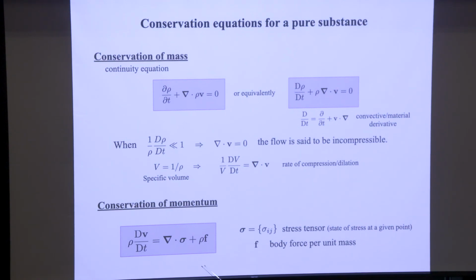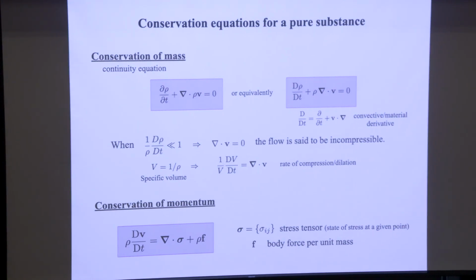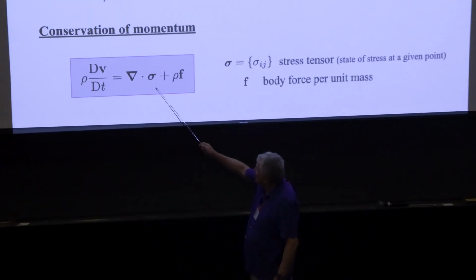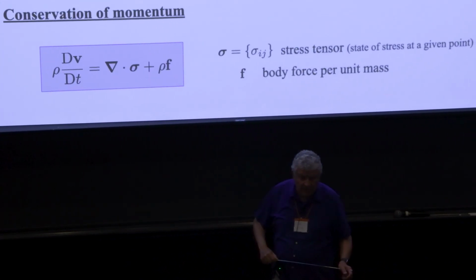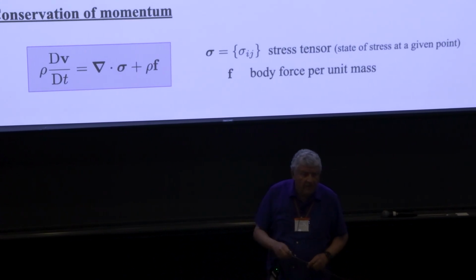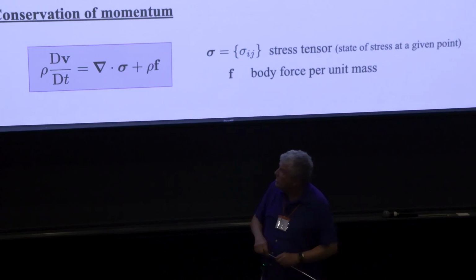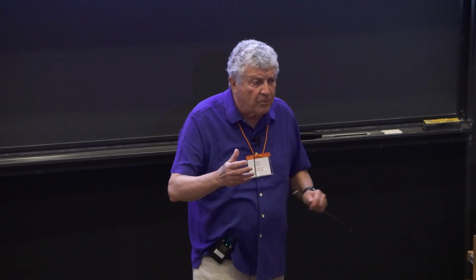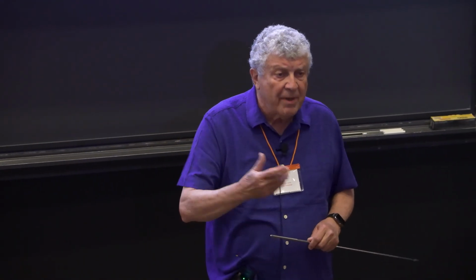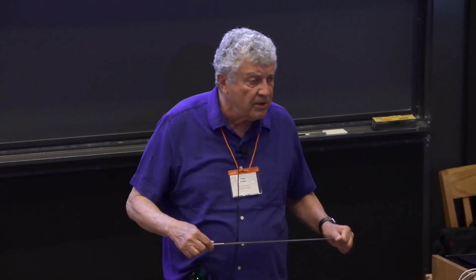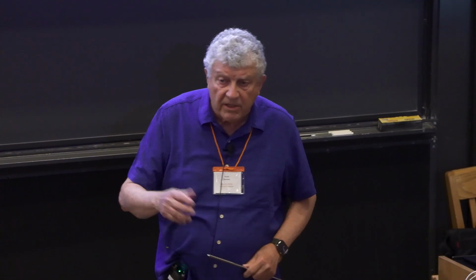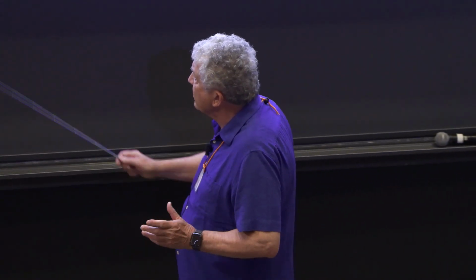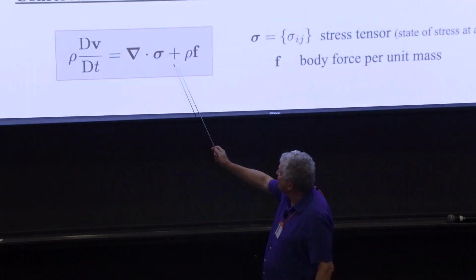Some of the forces are surface forces that are acting from surrounding particles, and sigma here is known as the stress tensor. It's a tensor, has 9 components, but due to some other argument, it is really a symmetric tensor, so it really has only 6 independent components.